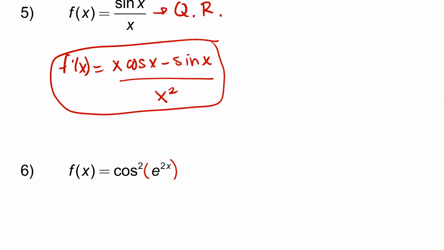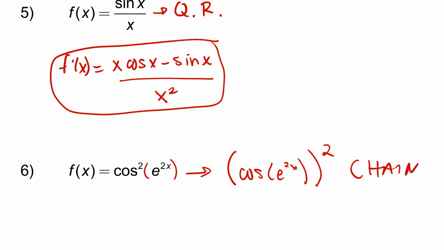Cool. So number 6 doesn't take too long either. I can rewrite this whole thing as cosine of e to the 2x, all squared. So we must use chain rule. This is the first thing we talked about. Remember at the top of the page, cosine squared of e to the 2x is cosine of e to the 2x squared.